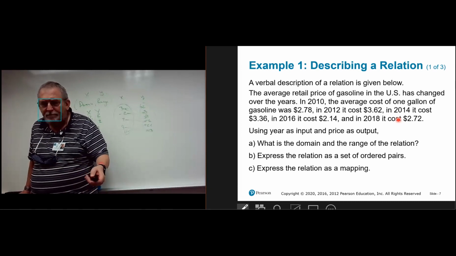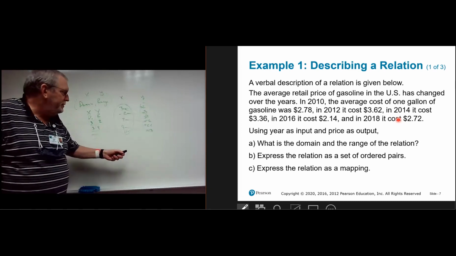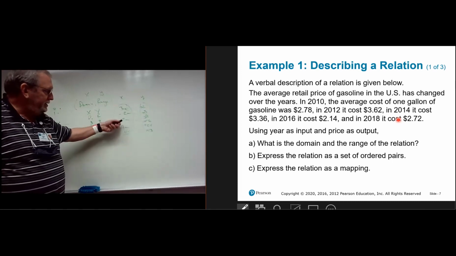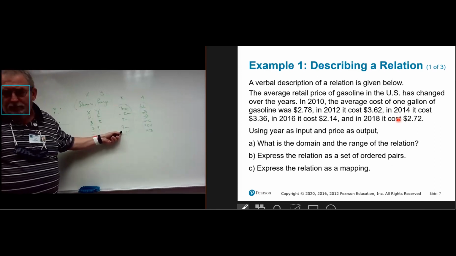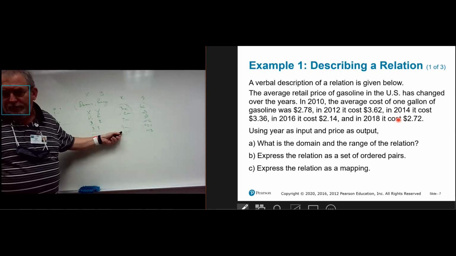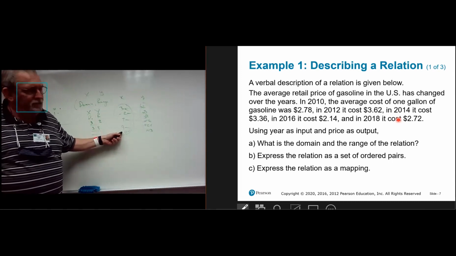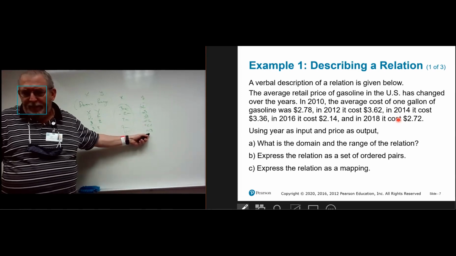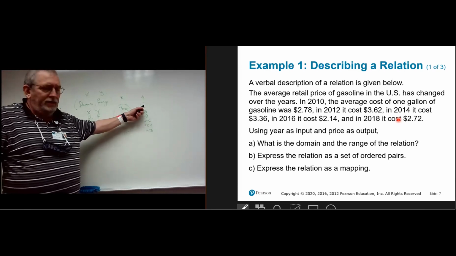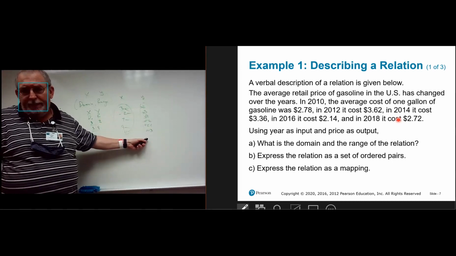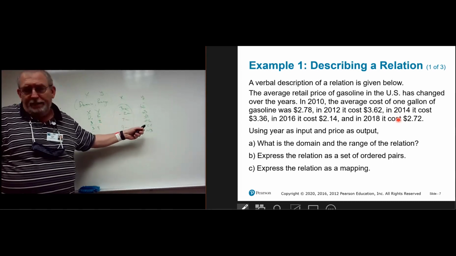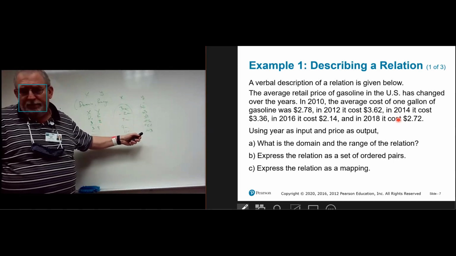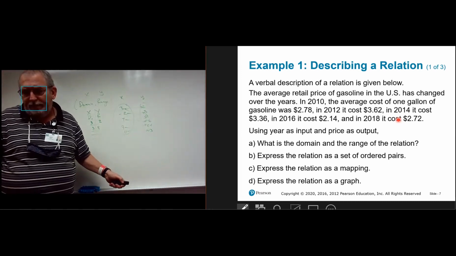All right, as a mapping. So in the X, I would have the years, and in the Y, I'd have the gas prices, and they list them chronologically, not in the order that they showed up. And then express it as a graph.